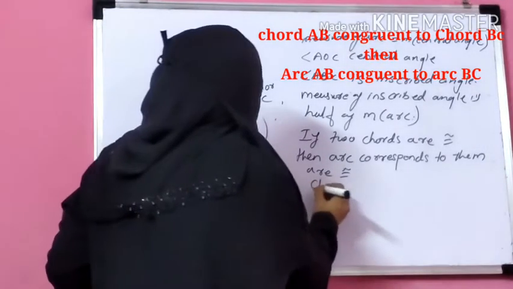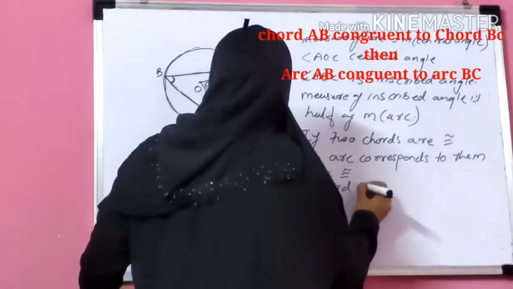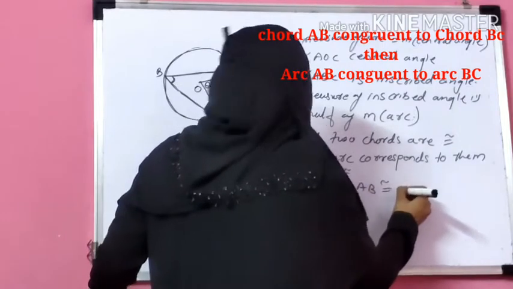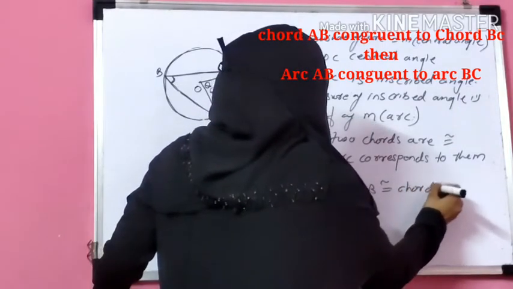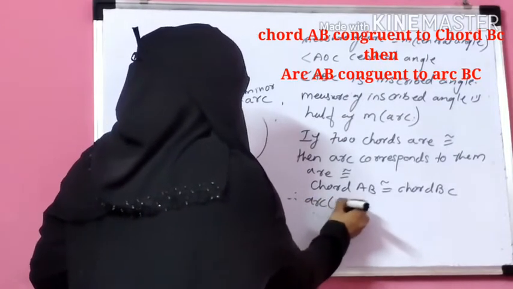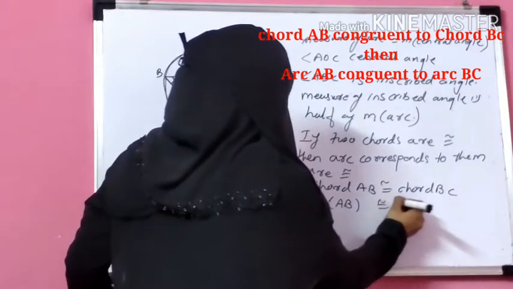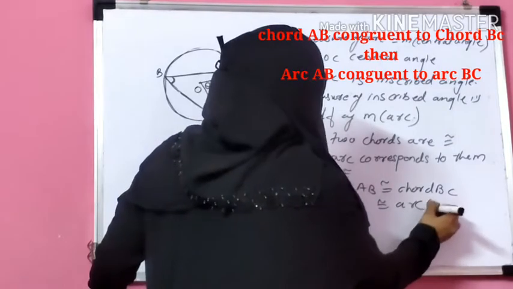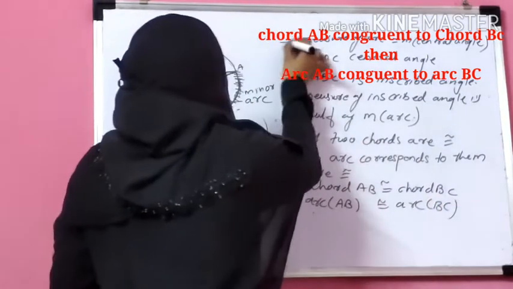So, chord AB is congruent to chord BC. Therefore, arc AB is congruent to arc BC.